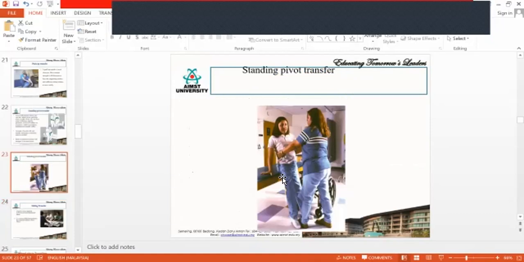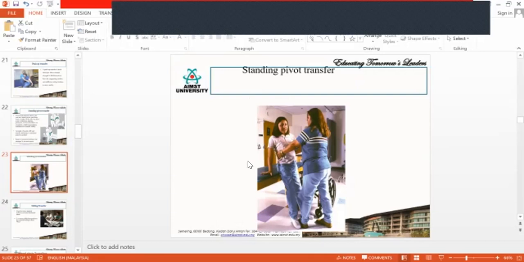Okay. So this is also another stand pivot transfer. Even if you don't have the pivot, you can just do it from the wheelchair: you can just lift the patient a little bit, change the direction and make them sit down. Okay, you don't need to give much pressure on the patient's leg. You don't need to lift up the patient for too long to make her stand.